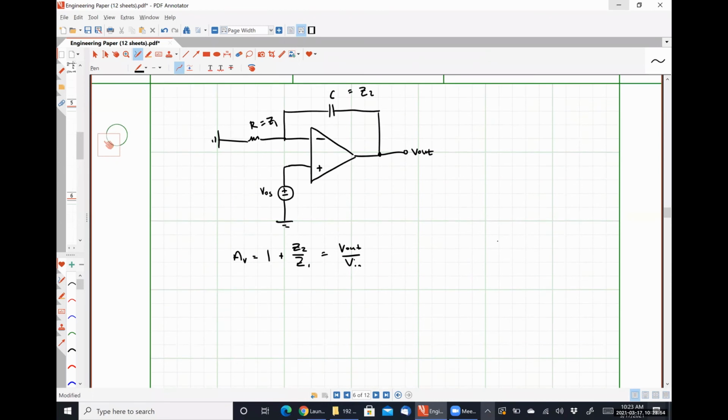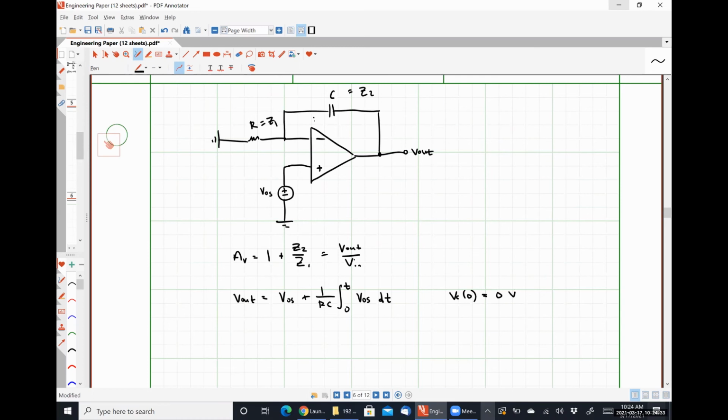So in this case, that's going to give us, in the time domain, Vout is equal to VOS plus the integral, 1 over RC times the integral from 0 to t of VOS dt, where we are assuming that VC at 0, the capacitor voltage, is 0 volts.